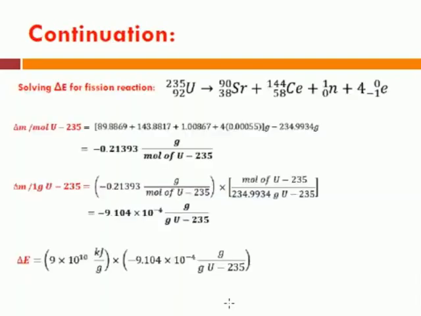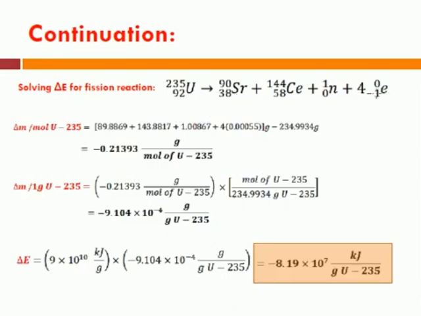So let's proceed with the fission reaction. The nuclear masses of the product side minus the nuclear masses of the reactant side.